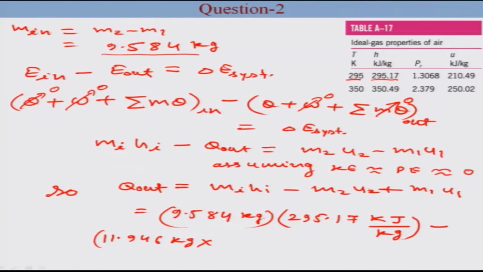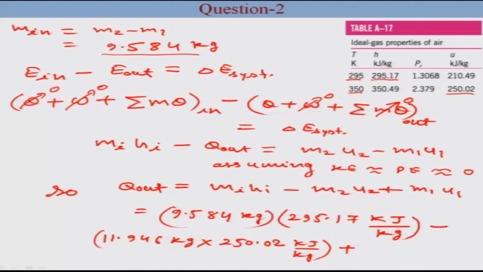U2 is the internal energy at 350 Kelvin, because the final temperature is 77 degree centigrade, which is 250.02 kilojoule per kg, and M1 times U1.